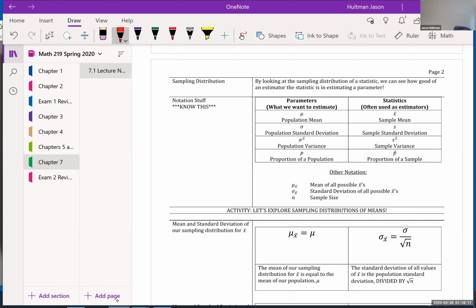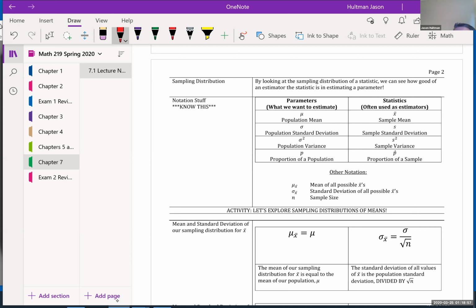The population mean is what we want to estimate, and the statistic we use to estimate it is the sample mean, X bar. Then the population standard deviation and the sample standard deviation, S. Population variance is just the standard deviation squared, and the sample variance is our sample standard deviation squared. And the population proportion is P.